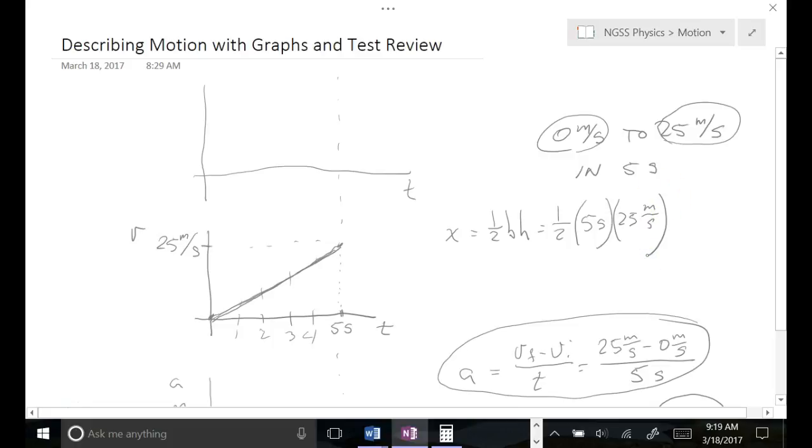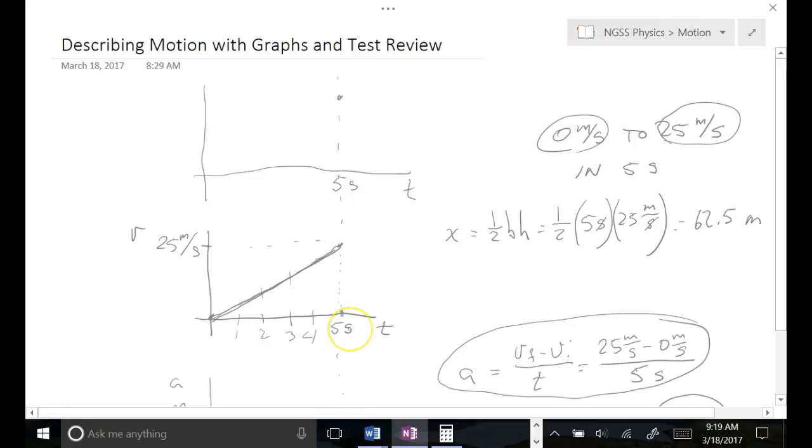So 5 times 25, first of all, the seconds cancel, leaving us with meters. And 5 times 25 is 125, and half of that is going to be 62.5 meters.